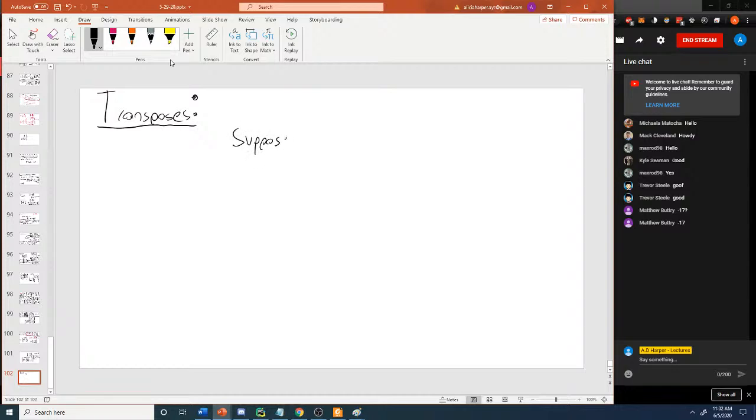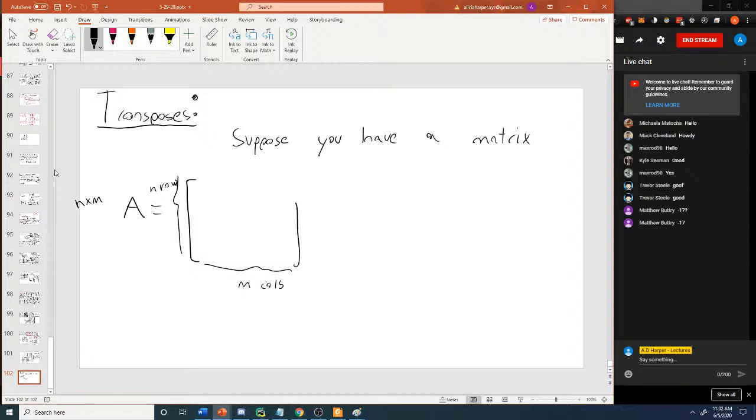Suppose you have a matrix A, and let's say it's an n by m matrix. A will have n rows and m columns.